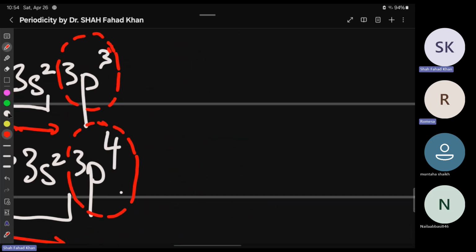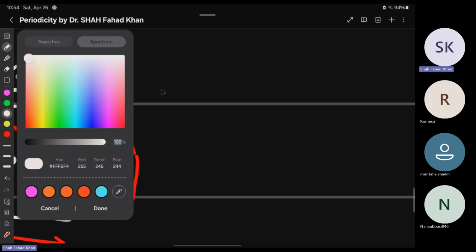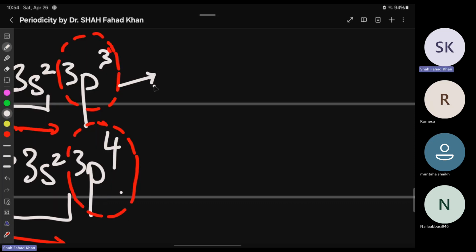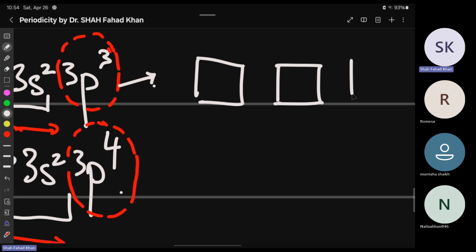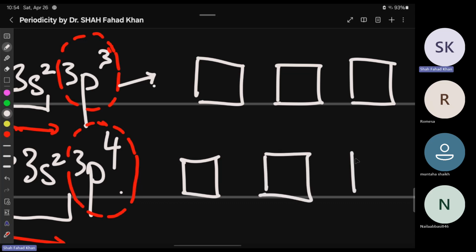Let's study it. If you look at the 3p subshell only, the p subshell has three orbitals, right? Px, Py, and Pz. Same is the case here, Px, Py, Pz. Now, if you draw the electrons out, you have to fill them using Hund's rule, right?